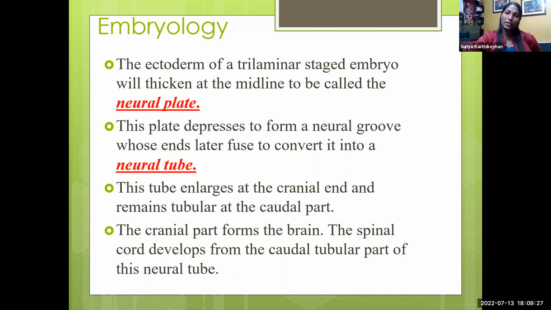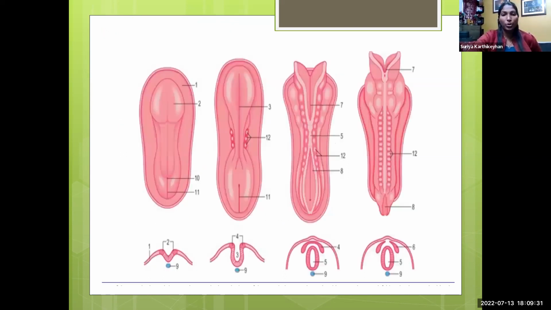So here, the ectoderm of the trilaminar staged embryo. To understand this, we have to understand this diagram first. This shows the embryo at different stages in intrauterine life. First, this is the craniocaudal orientation. This will be the cranial end, and this will be the caudal end of the embryo.